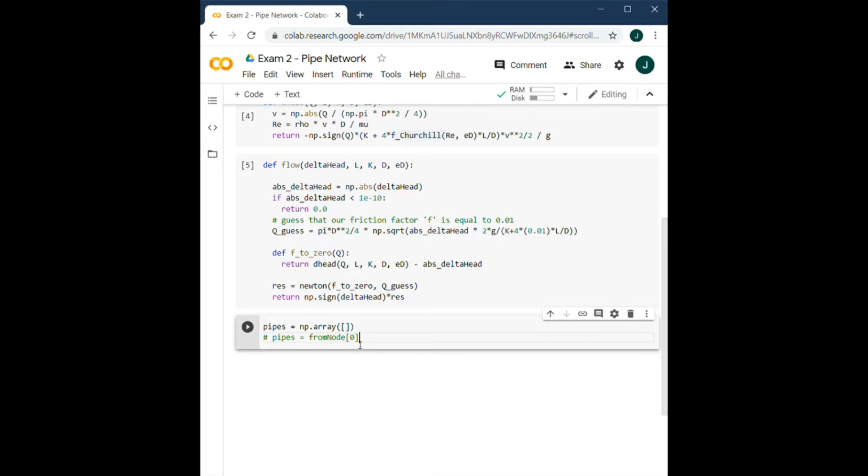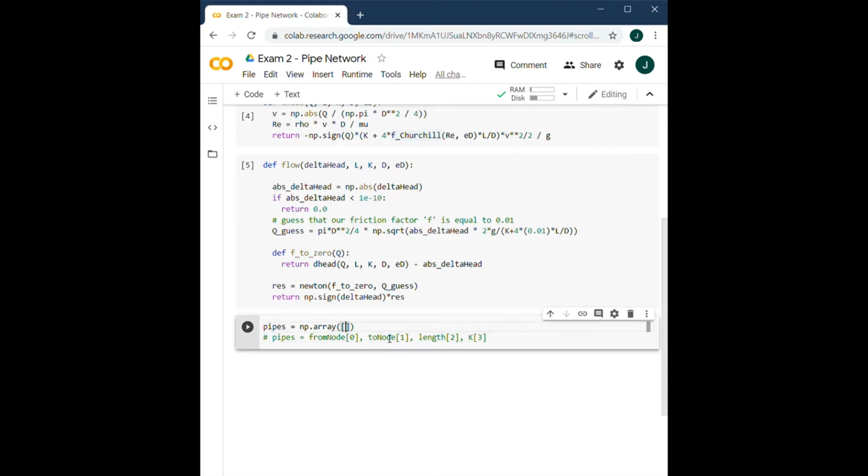Remember, since we are working with Python as our base code, Python always starts its indexing at 0. So even though it's our first column, we're going to call it 0. Then the next one is going to be our to node, at 1. We have our length at 2 and our k value at 3.